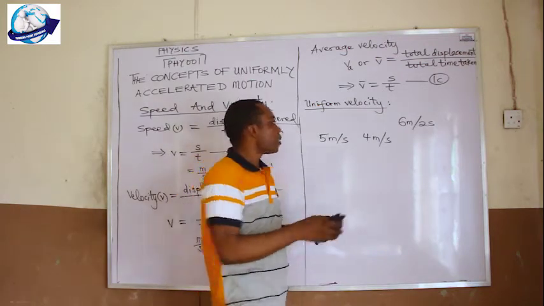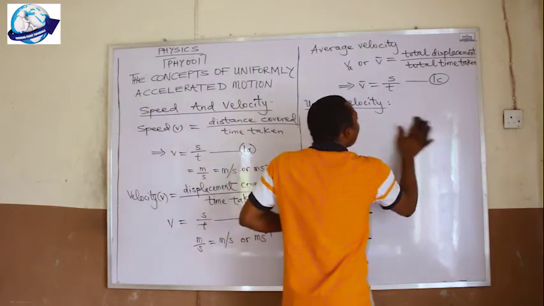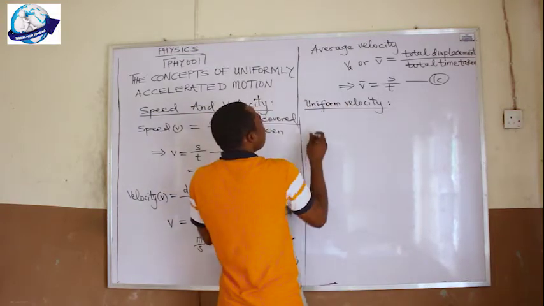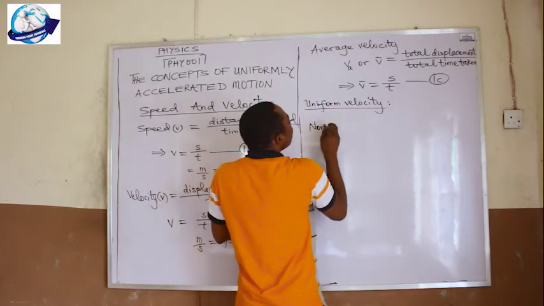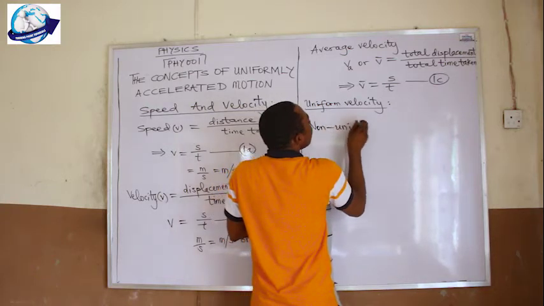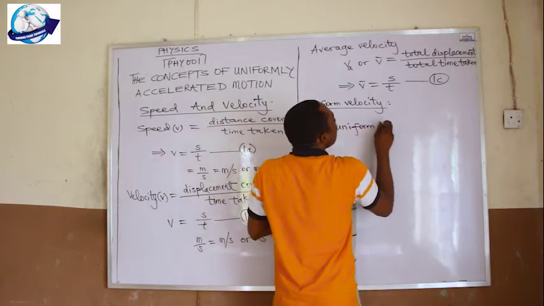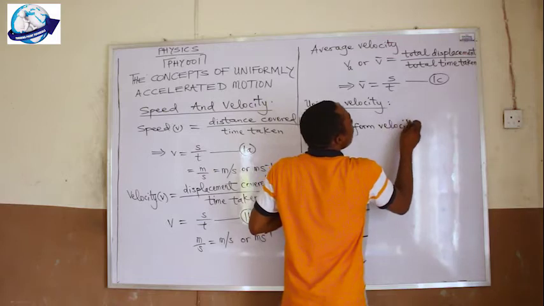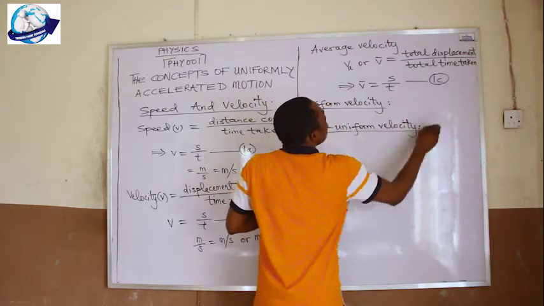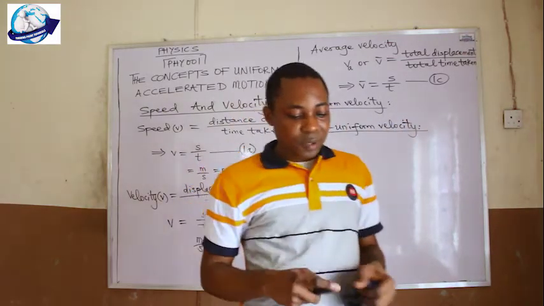Then the next aspect is the non-uniform velocity. Now, what is non-uniform velocity?